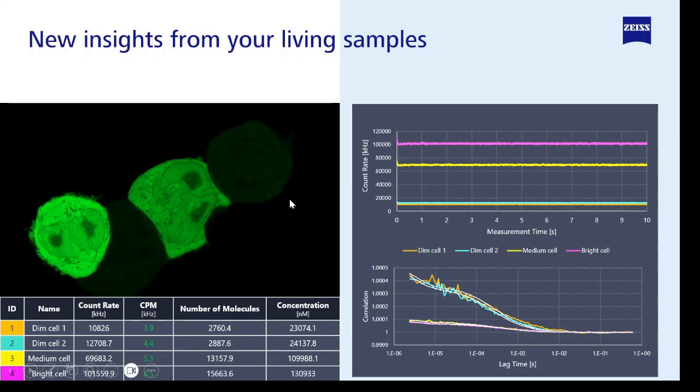Let's see some examples. Again, these 4 cells, as we mentioned, in FCS in the past we could only measure these 2 cells.